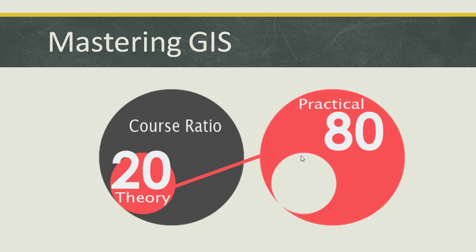We are following the 80-20 rule, so we give 80% weightage to practical work and 20% to theoretical work, because theory is also important: if you don't know about a term and its function, you can't apply it in your project properly.